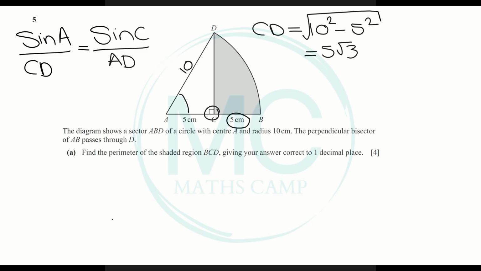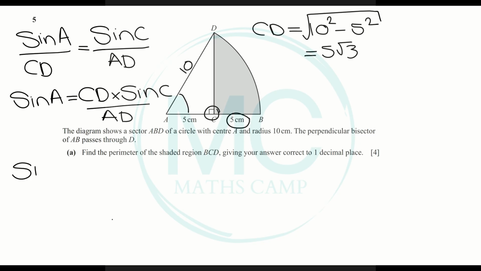And I can use this to find the value of A. So we can say that sine A is going to be equal to, let's multiply both sides by CD, CD multiplied by sine C, all over AD.